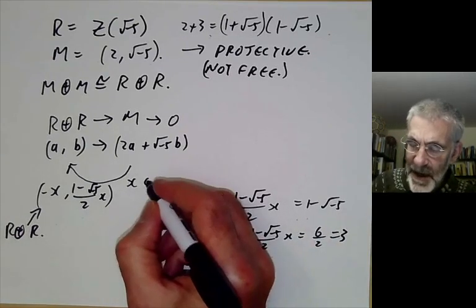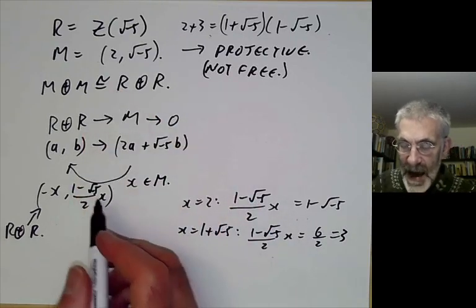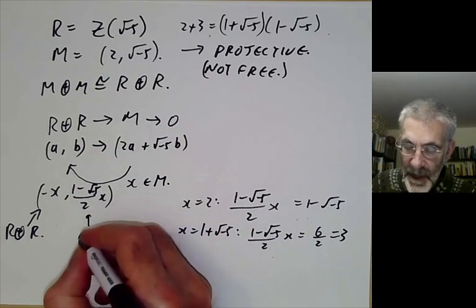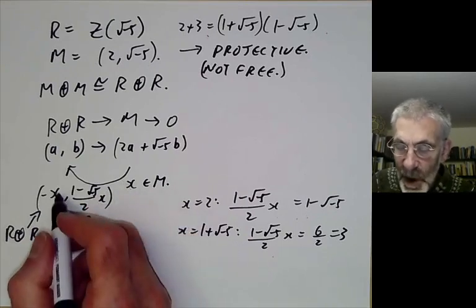As long as x is in the ideal M, then this is actually still in R. So this is actually a well-defined map.